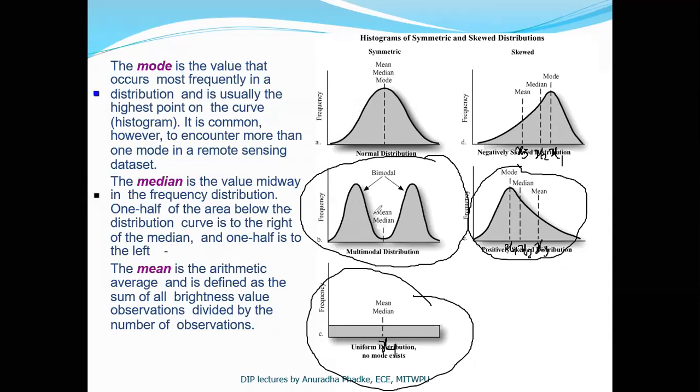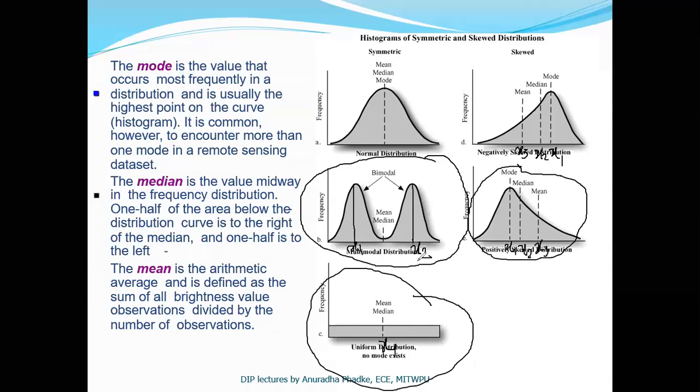But if you look at this distribution, there are two mode values, x1 and x2. Okay. So two gray levels, x1 and x2, are occurring most frequently in this particular histogram.